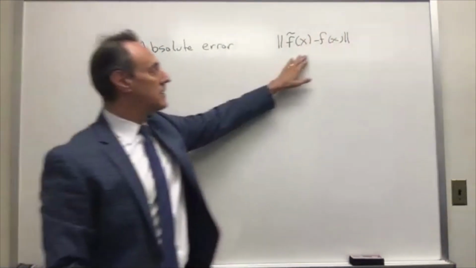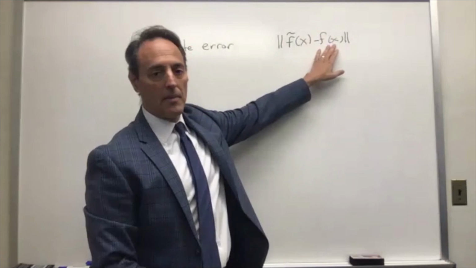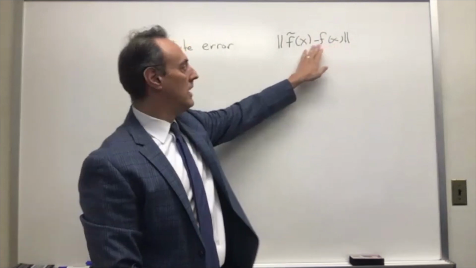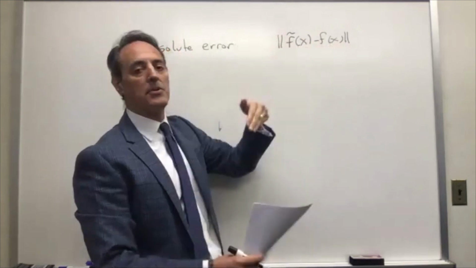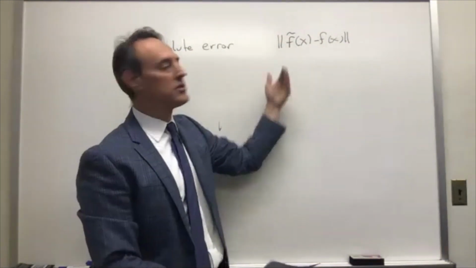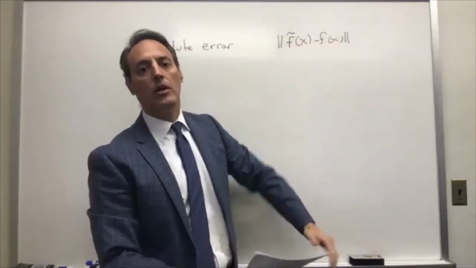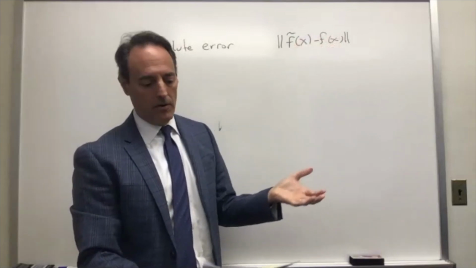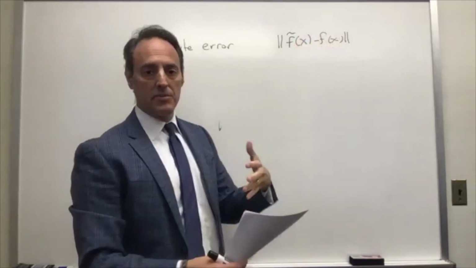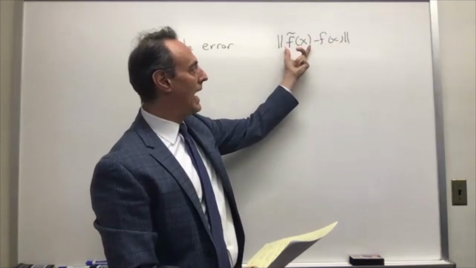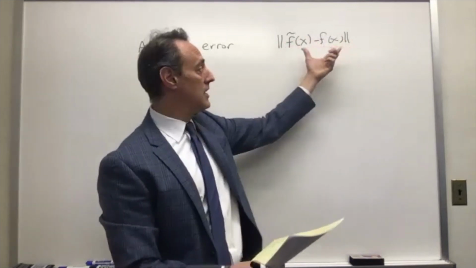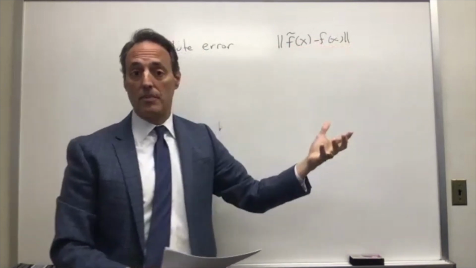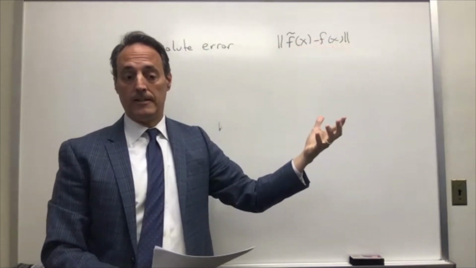It is what the mapping is supposed to be, and this is my algorithm. F tilde represents the algorithm I used to actually approximate what it's supposed to be. So this would be, in some sense, the difference between what my algorithm produces and what it's supposed to produce. And you want it, of course, to be as small as possible.